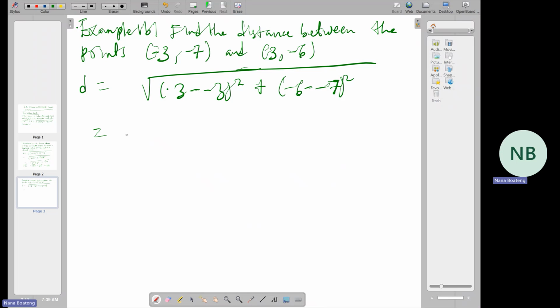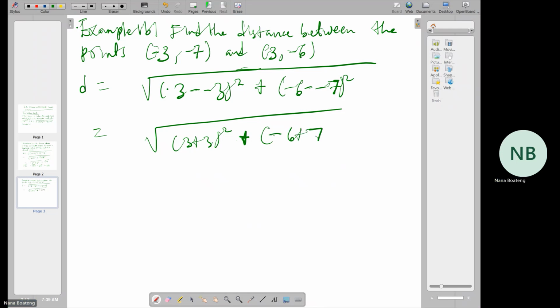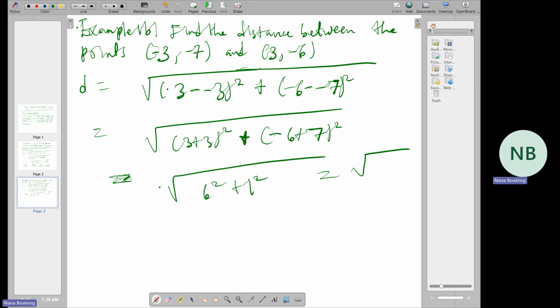This equals the square root of (3 plus 3) squared plus (-6 plus 7) squared, which is the square root of 6 squared plus 1 squared, which equals the square root of 37.